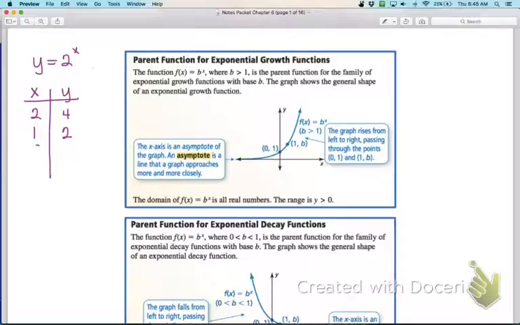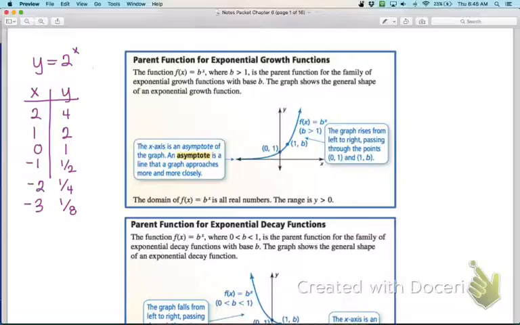If I do 2 to the 0 power, remember anything to the 0 power is 1. And then I start getting into negative exponents. Negative exponents flip over. So 2 to the negative 1 is 1 over 2 to the first. 2 to the negative 2 is 1 over 2 to the second, which is 1 over 4. 2 to the negative third is going to be 1 over 2 to the third, which is 1 over 8.